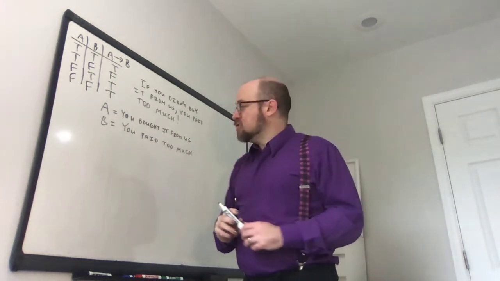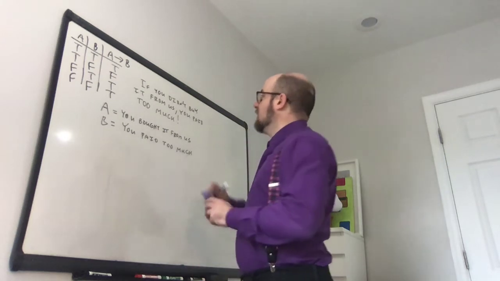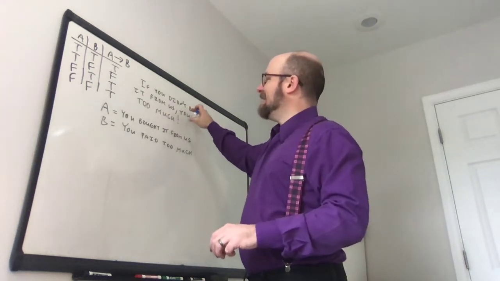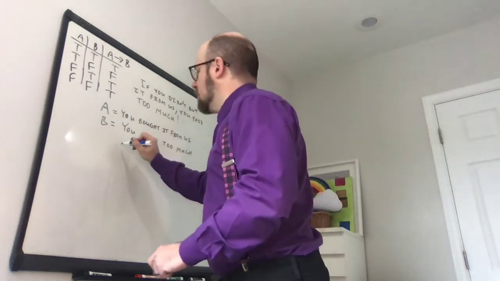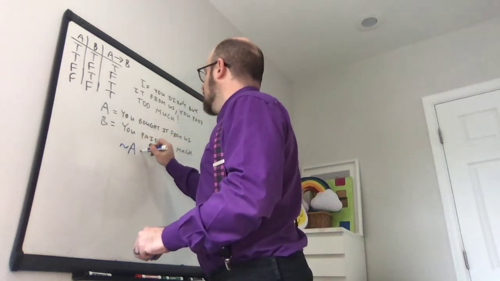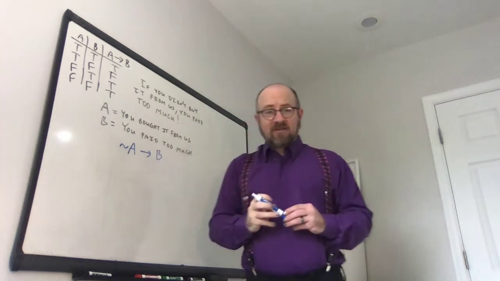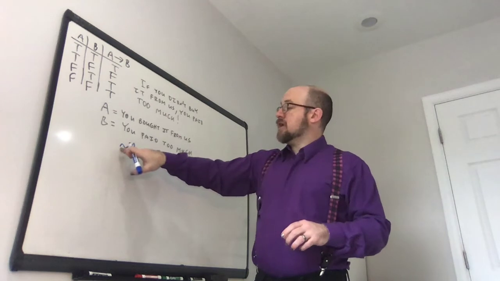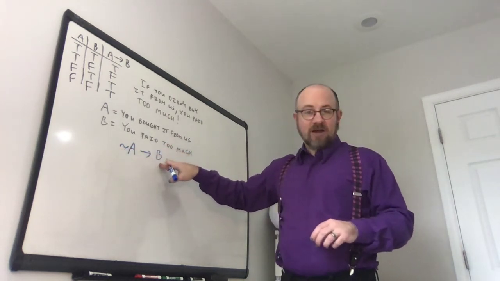Using that framework, our logical statement here is if not A, so you didn't buy it from us, not A implies B. That's what they're saying here. So if you didn't buy it from us, then you paid too much.